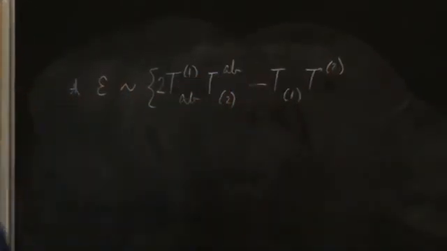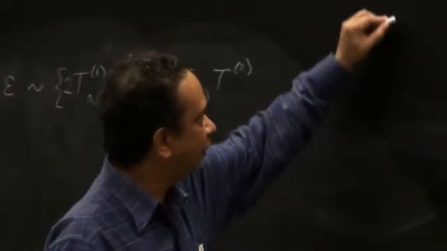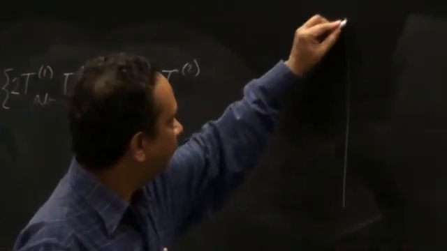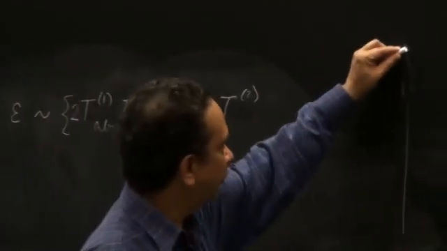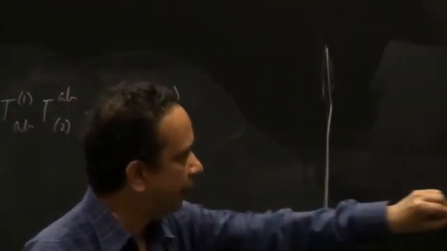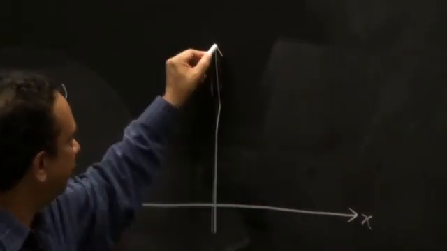So I want to use this to study this phenomenon which I told you about, which is somewhat peculiar. You have an xy plane. This is the x-axis. This is y.